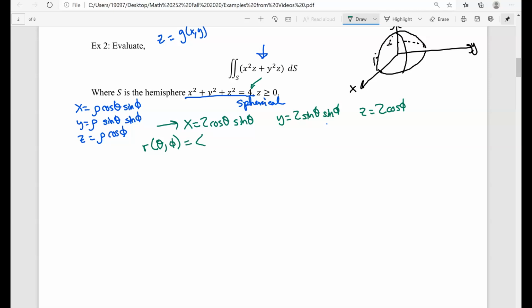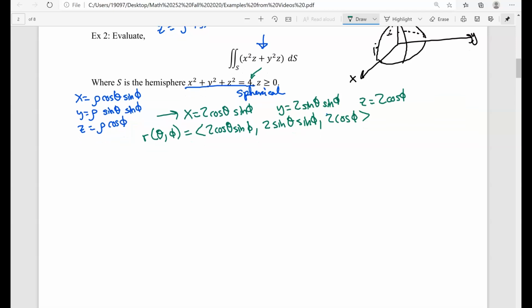And I can write them as a vector function: 2 cosine theta sine phi, then 2 sine theta sine phi, then 2 cosine phi.